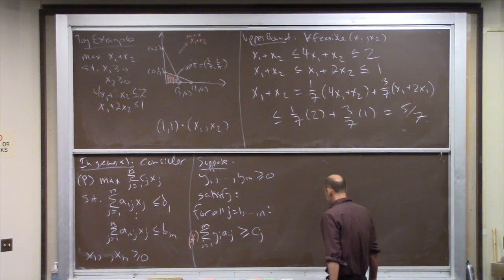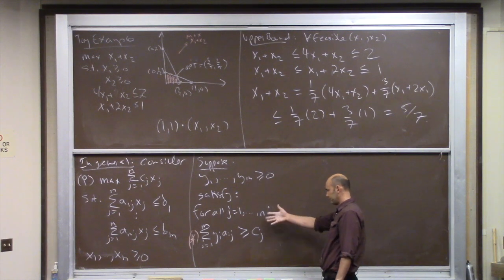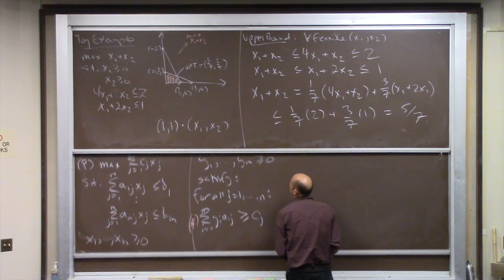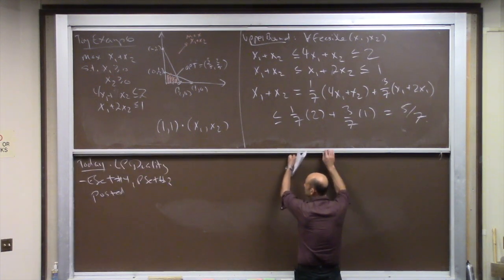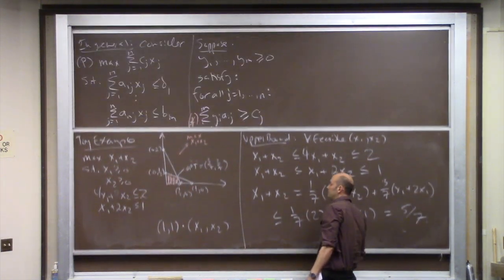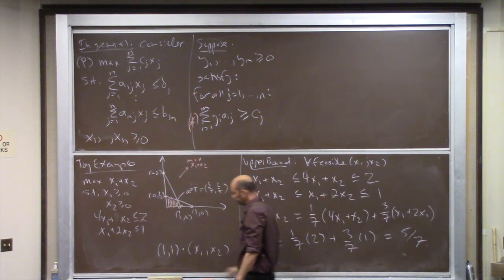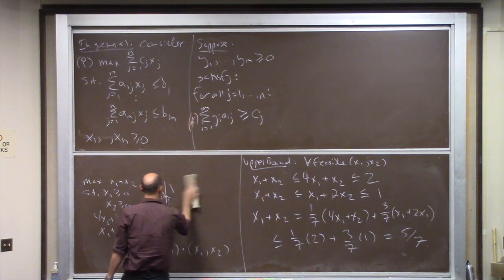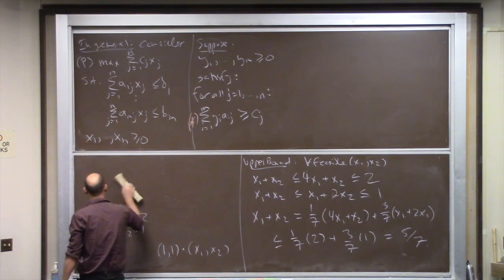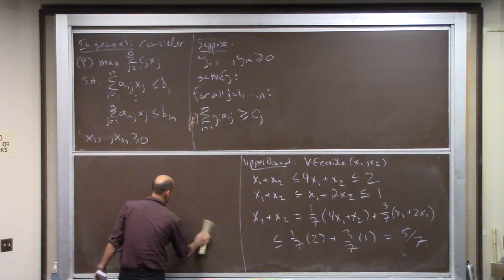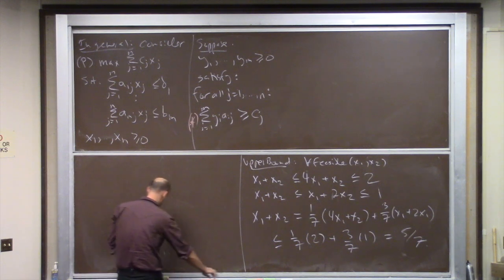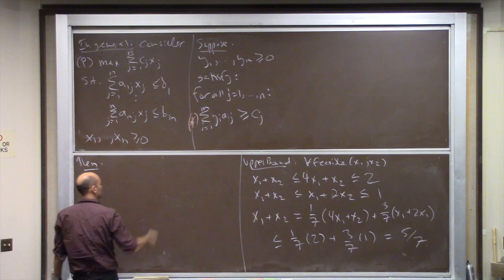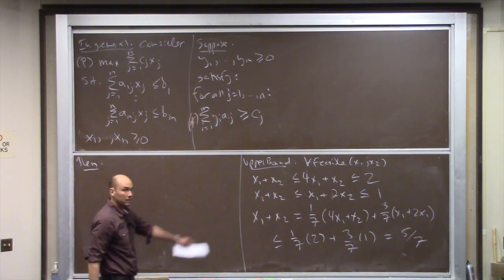All right. So suppose this is true. From this, we can extract an upper bound on how big the optimal solution to our linear program could possibly be. And it's just a generalization of this argument here.